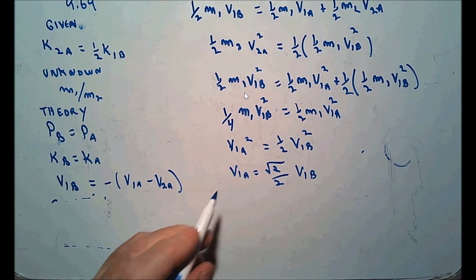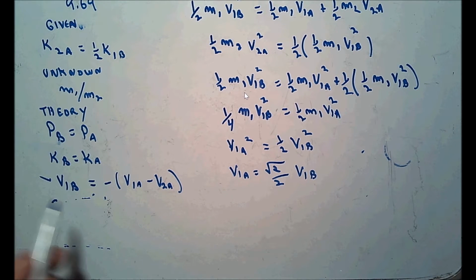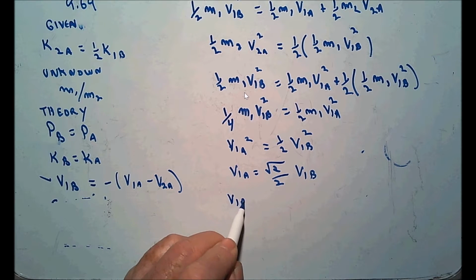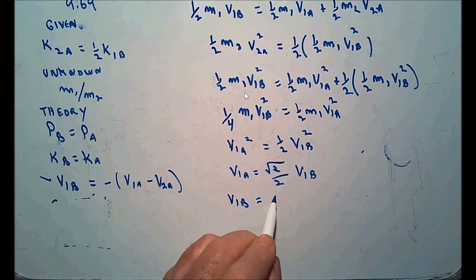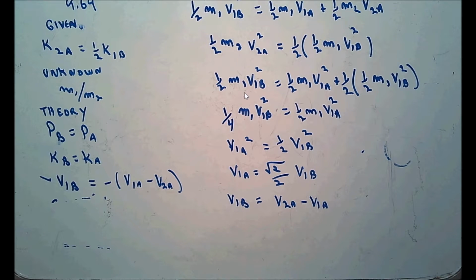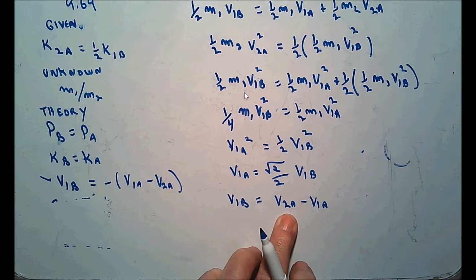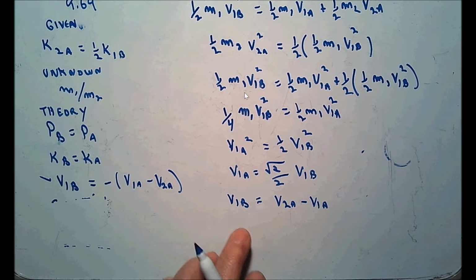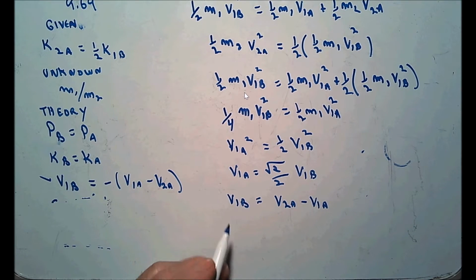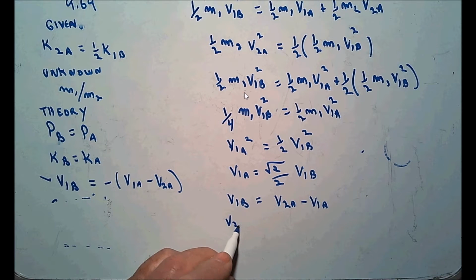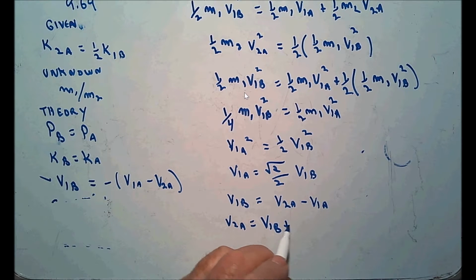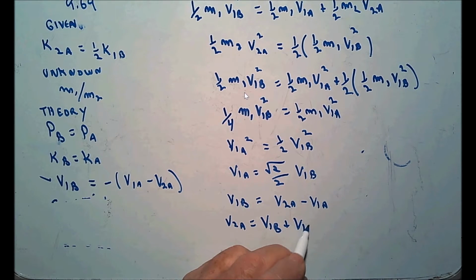I'm going to go to this equation right here and write that as V1 before equals V2 after minus V1 after. But what I'm looking for is V2 after, so I can get it in terms of V1 before and V1 after, and I already know their relationships. So V2 after equals V1 before plus V1 after.